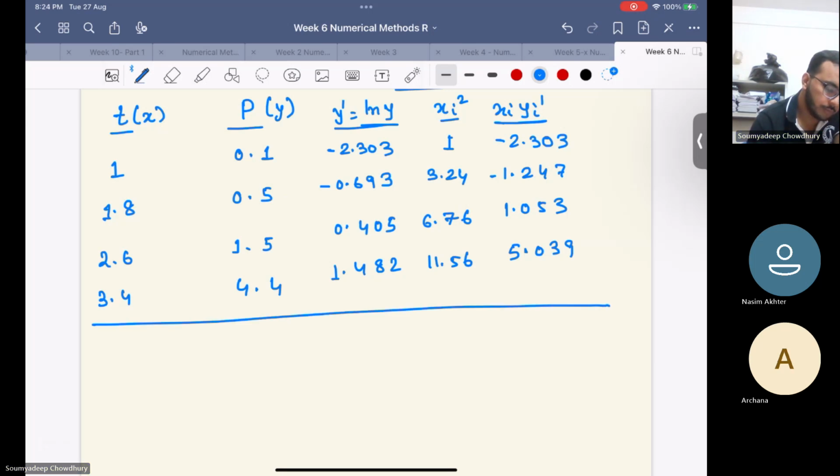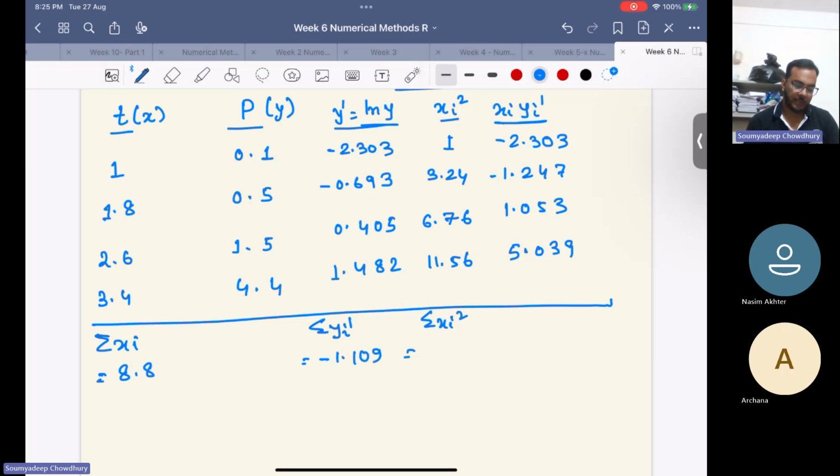Now we'll find out summation xi. Summation xi is 8.8. Summation yi dash will be around minus 1.109.